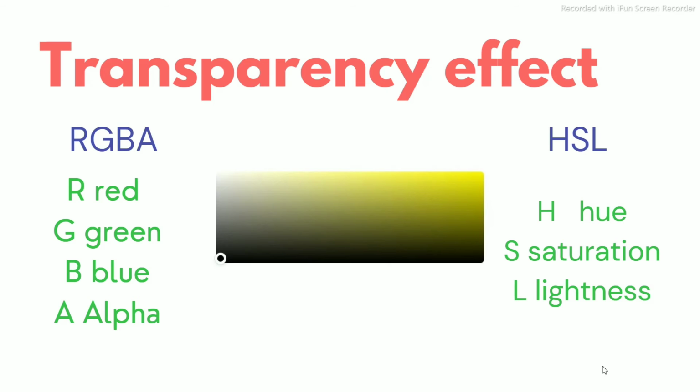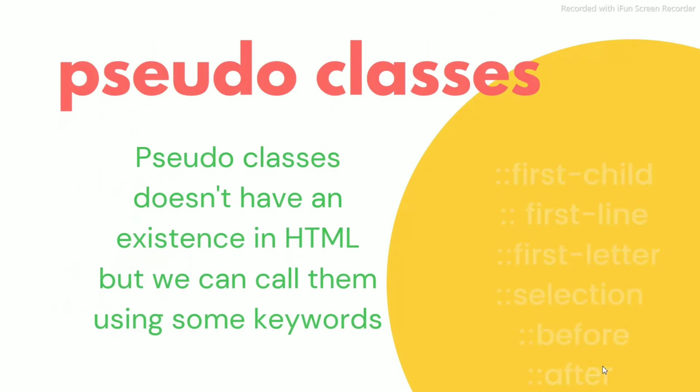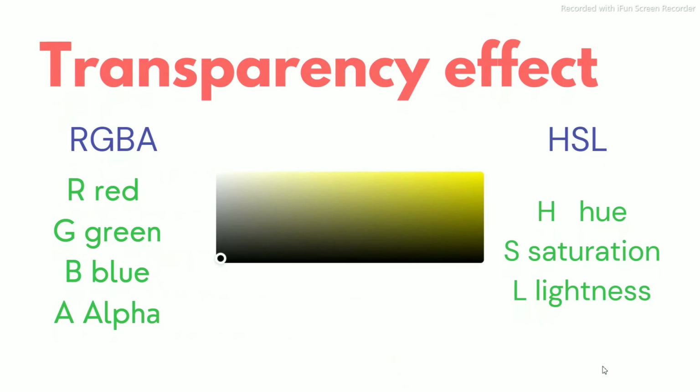Next we have HSL. HSL means hue, saturation and lightness. Hue means the color. This hue has a value from 0 to 360 degrees, and if we start moving from 0 to 360, we come up with different colors, which include red, orange, yellow, green, light green, aqua, blue, violet and next pink, and we come back to red.